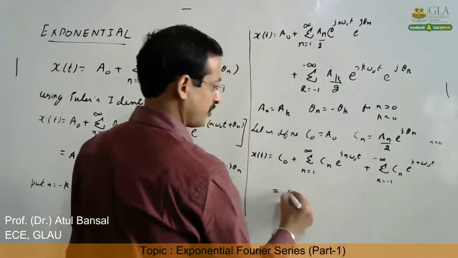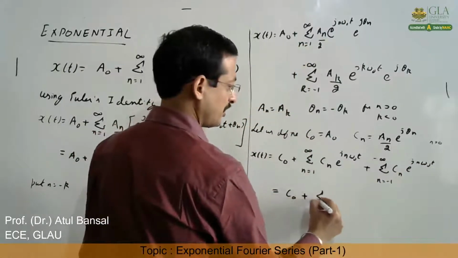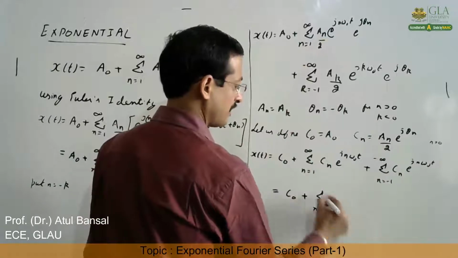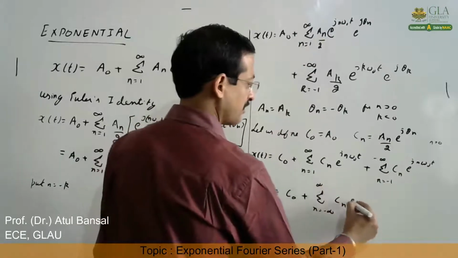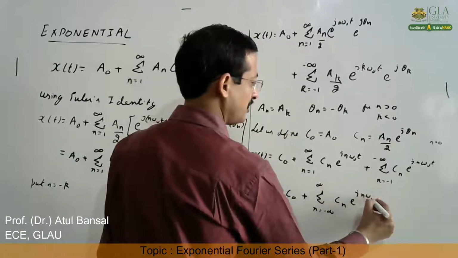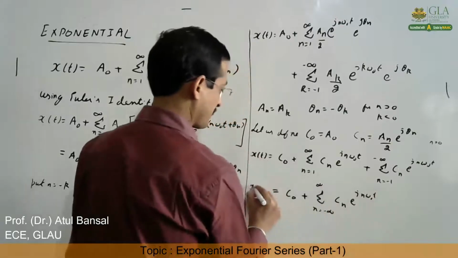So if we combine them together, this becomes C0 plus sigma n equals minus infinity to infinity Cn e raised to power j n omega naught t.